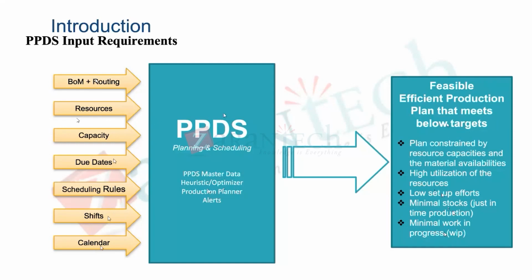Work in progress is like there is a sales order, but for that sales order the plan order is work in progress. That is the wrong case because you cannot keep the customer waiting. So if the sales order is on 17th of July, your plan order should finish on 16th July, allow 1 day of goods receipt processing time and ship it. It's as simple as that. That is where PPDS helps us.